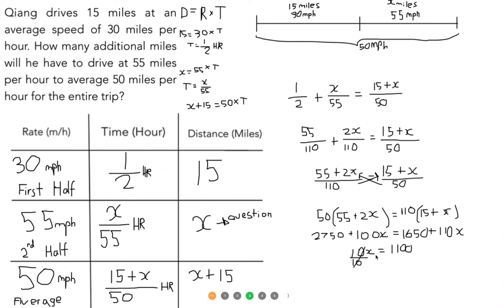And so the 10s cross out, and we are left with x equals 110. And so the answer is 110 miles that Qiang has to drive additionally to average 50 miles per hour during his entire trip.